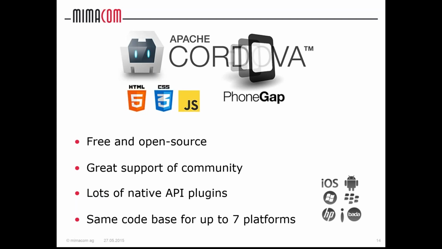Because plugins in Cordova enable the web-only application to connect to native functionalities of the mobile device. And good plugins make the platform competitive with native apps. Now we have a huge number of plugins that support the main platforms. Just to make it clear, not all plugins are developed for all platforms, but the major native functionalities are covered for the major platforms like iOS, Android, and Windows Phone.